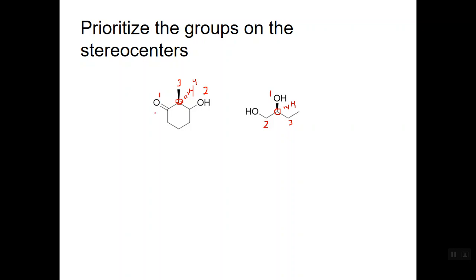So we go from 1 to 2 to 3. That's going counterclockwise, so that's S. And similarly over here, we go 1 to 2 to 3, and again it's counterclockwise. So that again is S.